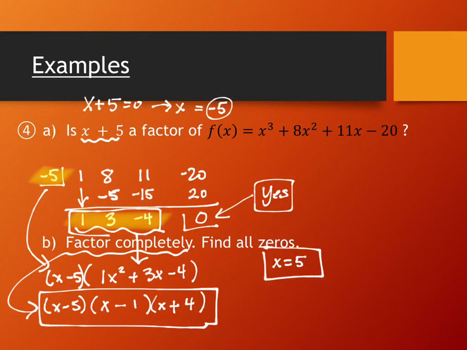The other 2 zeros come from these parts that I just factored to finish the factoring completely. So just like with x minus 5 set equal to 0, I get x equal 5. Also, on these 2, I can do the same thing. So I have x minus 1 equals 0, and I have x plus 4 equals 0.